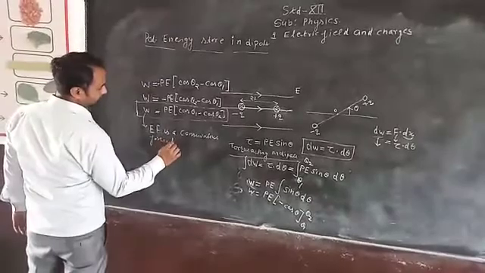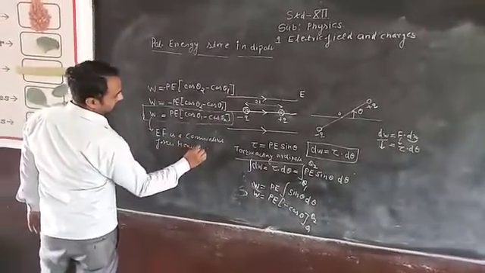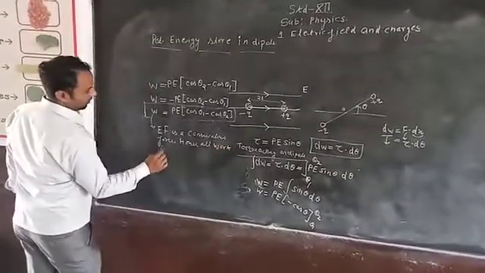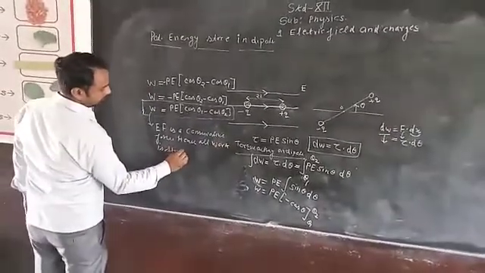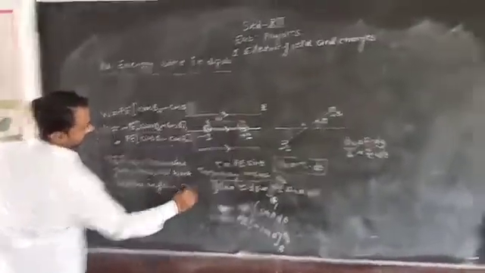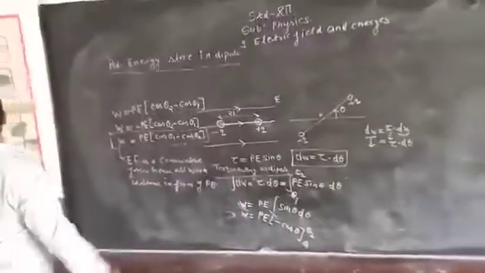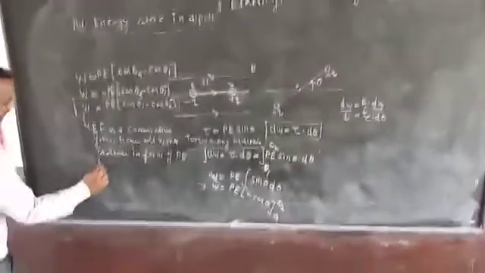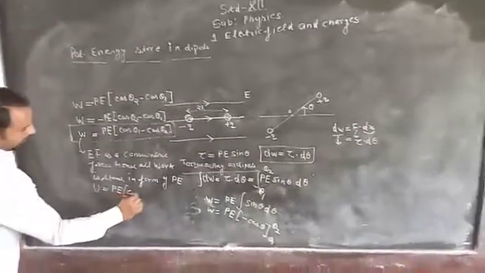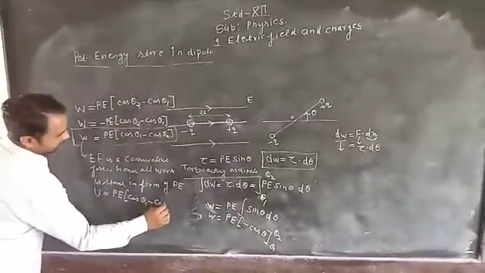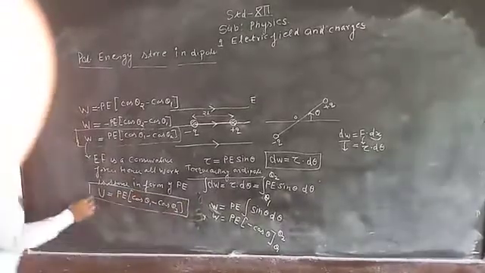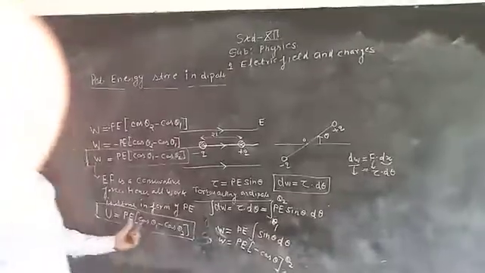Hence all work is stored in the form of potential energy, and we are using the symbol of potential energy, U is equal to PE times cos theta 1 minus cos theta 2. This is the formula, so we have to remember it.